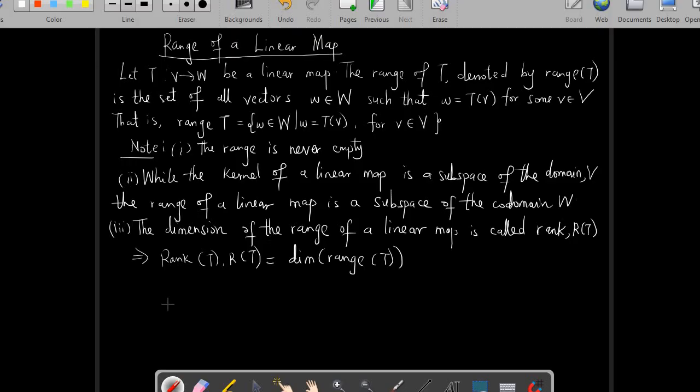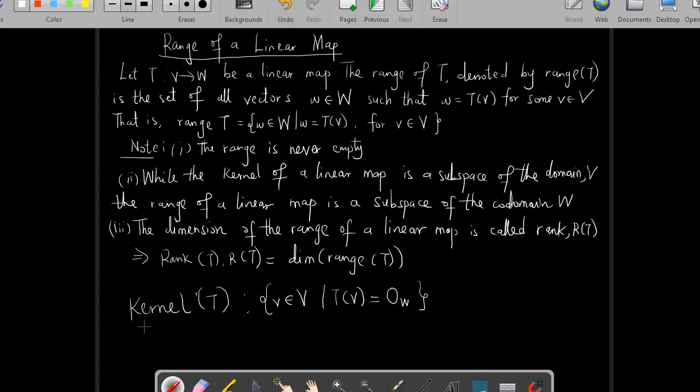It's very straightforward. Unlike your kernel, let's quickly compare them. We define the kernel of T, do you remember, ker T, to be the set of v, which is an element of capital V, such that T of v equals the zero vector of your codomain, right?